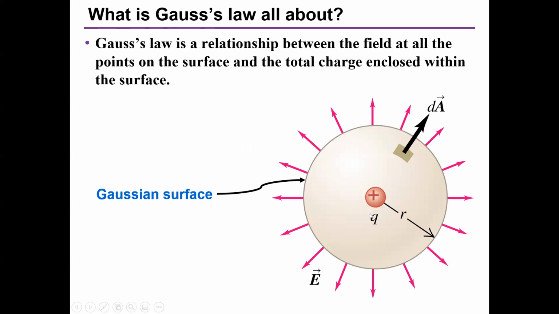If you have a certain charge Q here, and you draw a surface that we call a Gaussian surface, our goal is to find a relationship between the electric field on this Gaussian surface and the charge enclosed. That is Gauss's law. Quite simple.